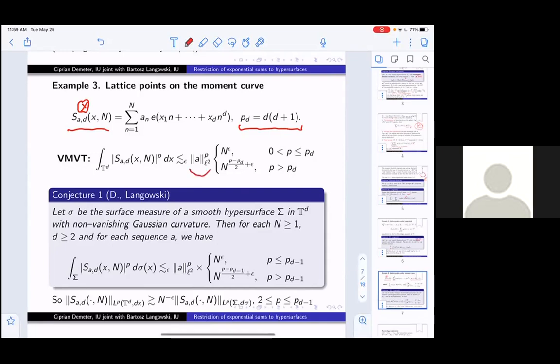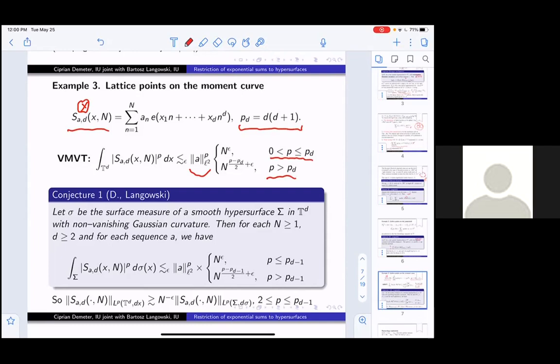So you see the little L2 norm there. So this square root cancellation in this regime. And for p greater than the critical exponent, this estimate is also sharp. You can test it with constant coefficients or coefficients of constant magnitude.